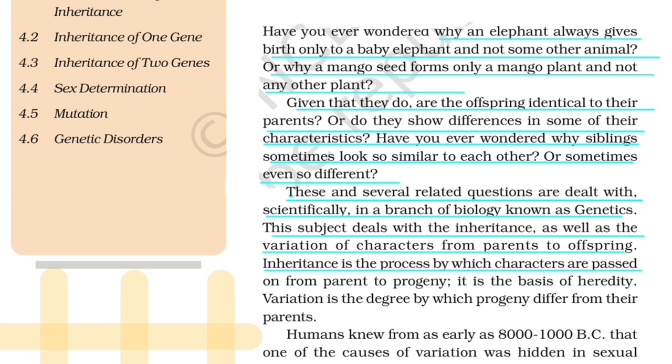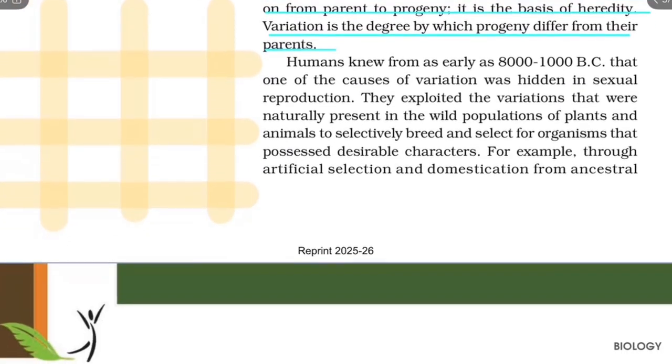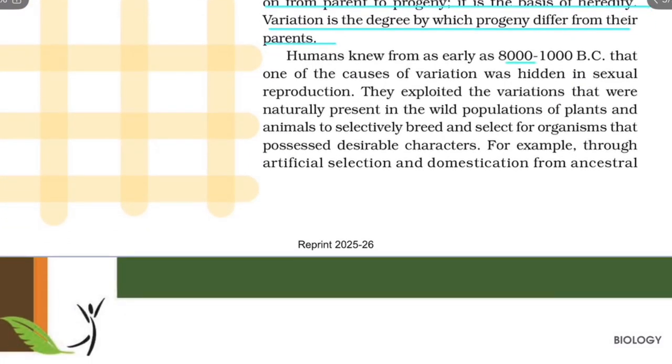Inheritance is the process by which characters are passed on from parents to progeny. It is the basis of heredity. Variation is the degree by which progeny differ from their parents. Humans knew from as early as 8,000 to 10,000 BC that one of the causes of variation was hidden in sexual reproduction. They exploited the variations that were naturally present in the wild populations of plants and animals to selectively breed and select for organisms that possess desirable characters.